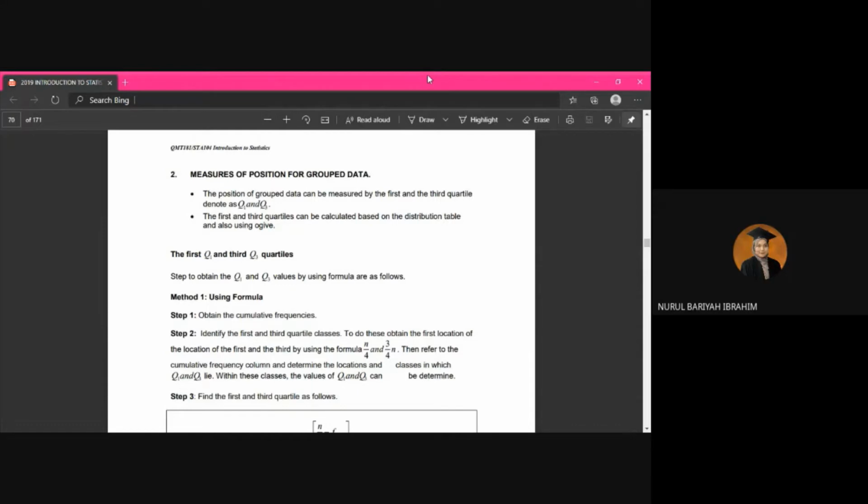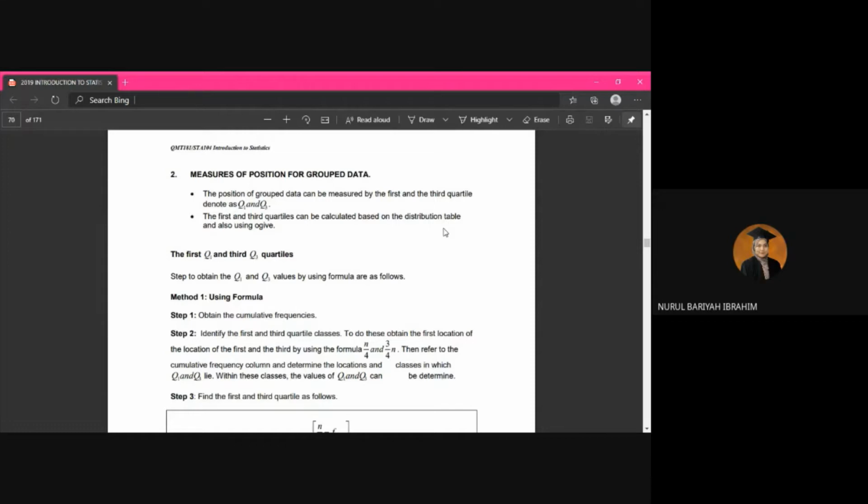We have two ways: using the formula, and also using the ogive to find the quartiles for grouped data. So when we talk about grouped data, you can imagine our data represented in a table.